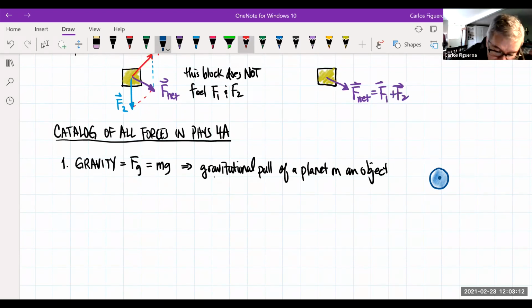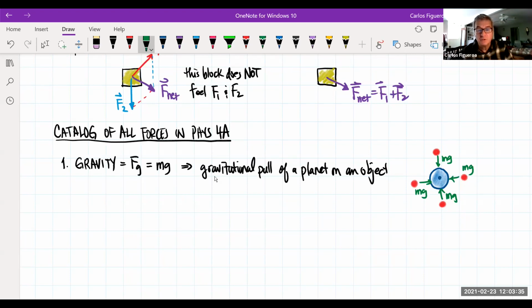So if I take an object here, here, here, or here, the force of gravity is always pointed towards the center of the Earth. No matter where that object is, the force of gravity will always point towards the center of the Earth. And so that's what the force of gravity is.